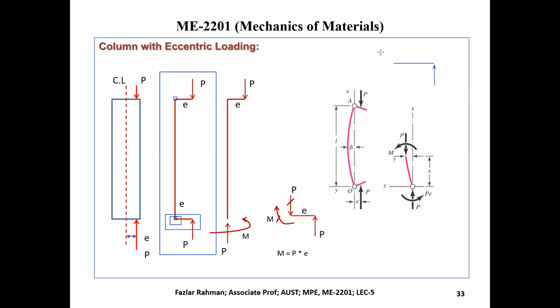The force working is P. If I get how much force is working over here, I can figure out how much force is working right over here. So how can we make a free body and stabilize this body? What is the distance between this point and this point? The distance is e, the eccentricity.